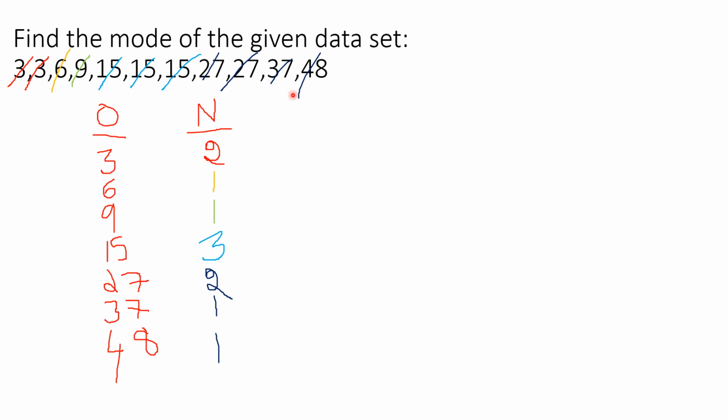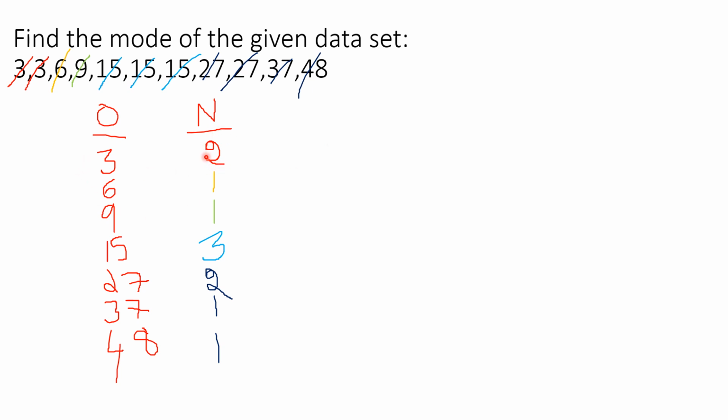Now once you have written the observations and the number of times each has occurred, half the task is completed. The other small part of the problem is that now we need to check the most repeated observation. Mode is nothing but the observation that is repeated more times than all the other observations, which means 3 appears 2 times.